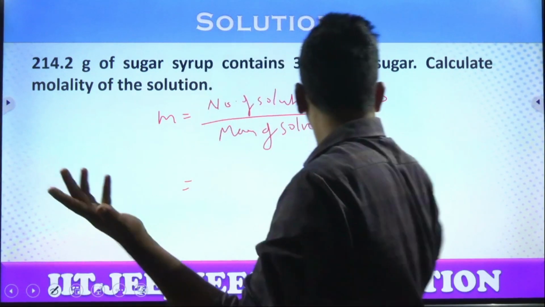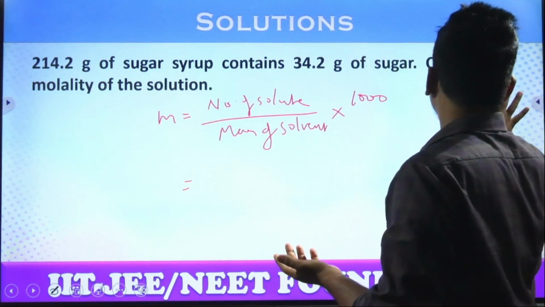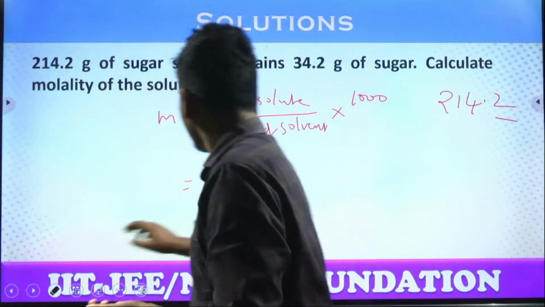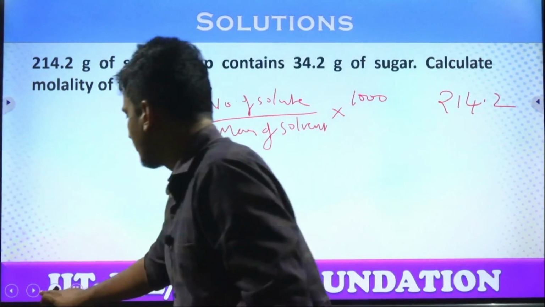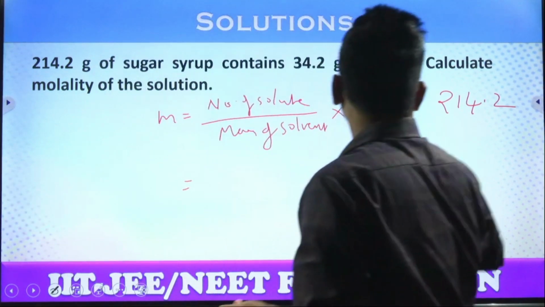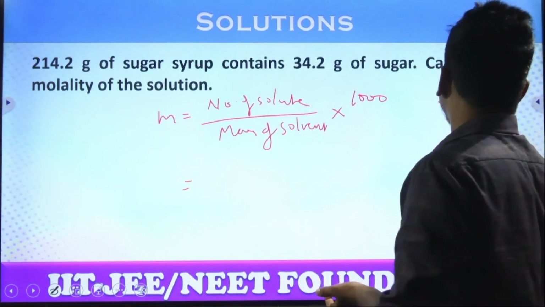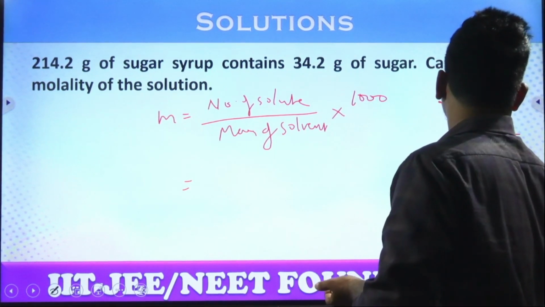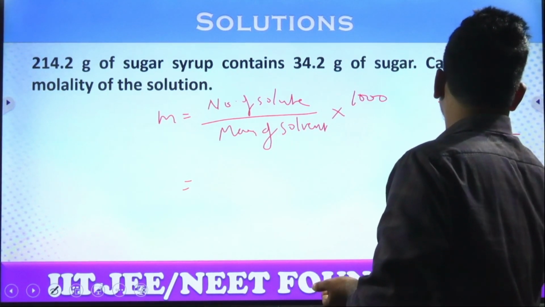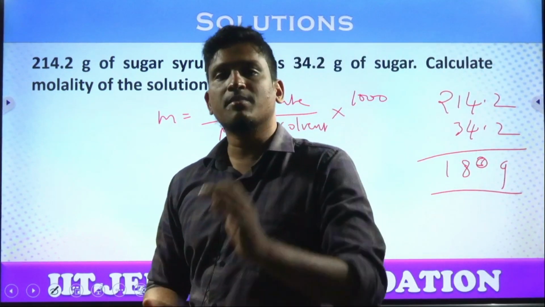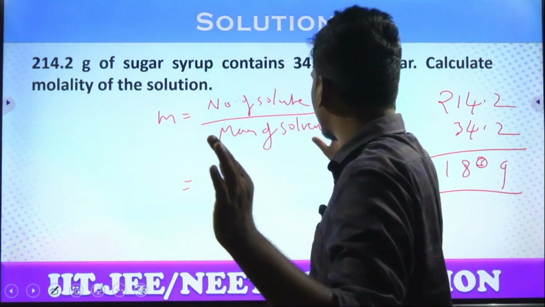So 214.2 grams minus 34.2, how much, students? 180 grams. 180 grams is the mass of the solvent. So we got the mass of the solvent.